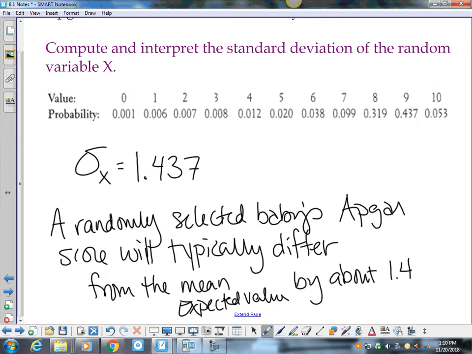I don't like not having any units on these, so I'm just going to say 1.4 units. If it was feet or inches or pounds or days or people.